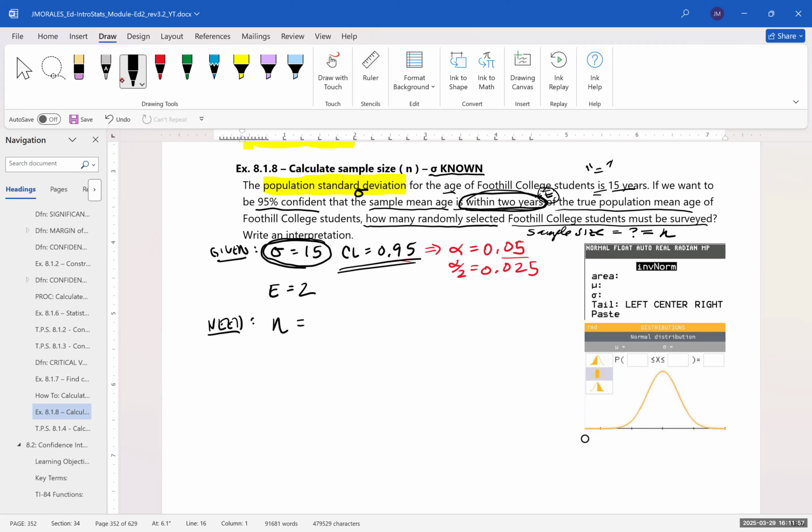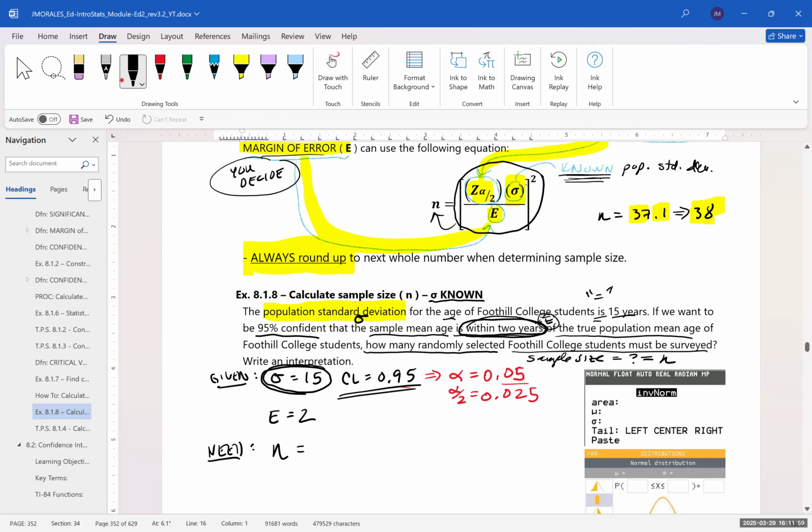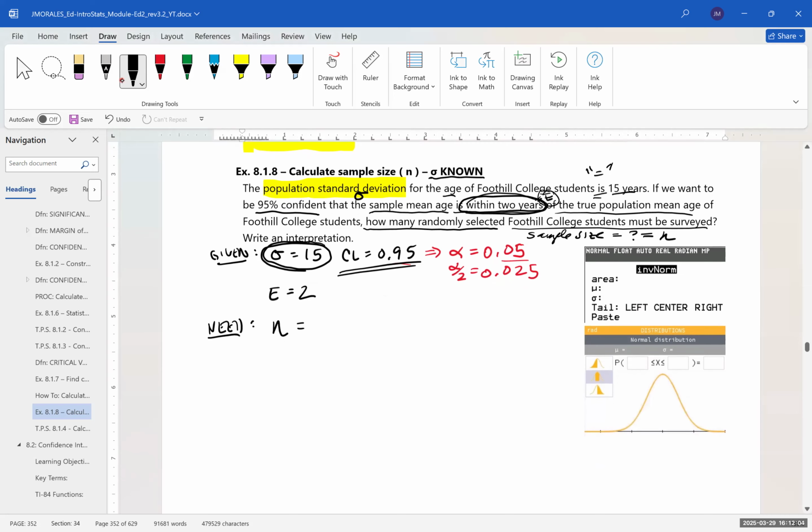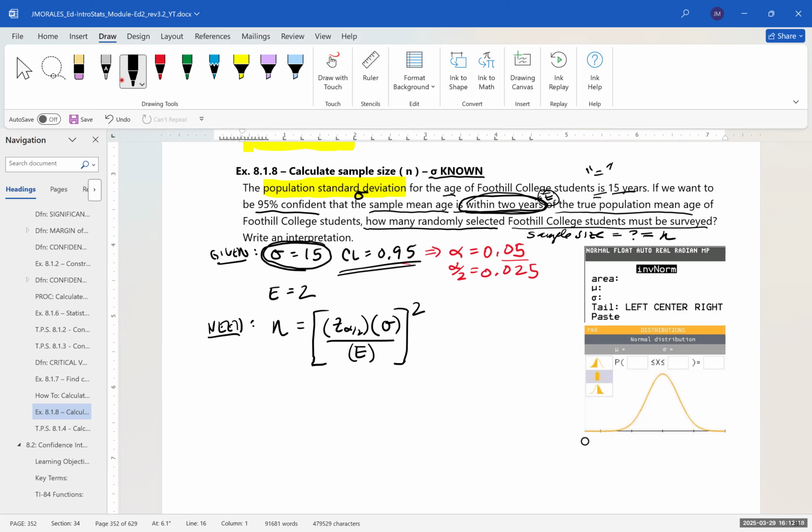And to calculate sample size, we need each of these components here. So what we need is a Z alpha/2 score, we need sigma, and we need the error. And once we get that as a fraction, we need to square that fraction. We need to square that value.